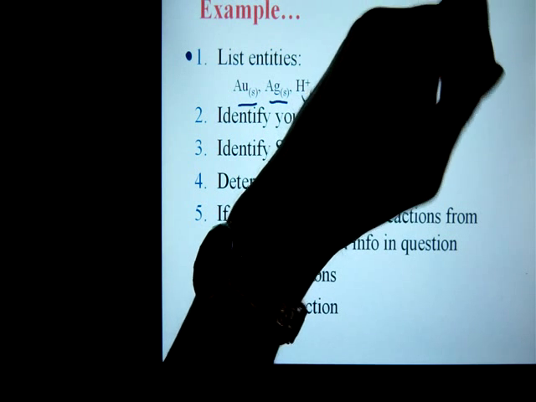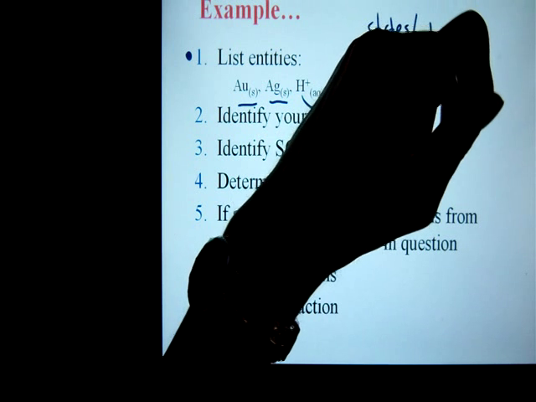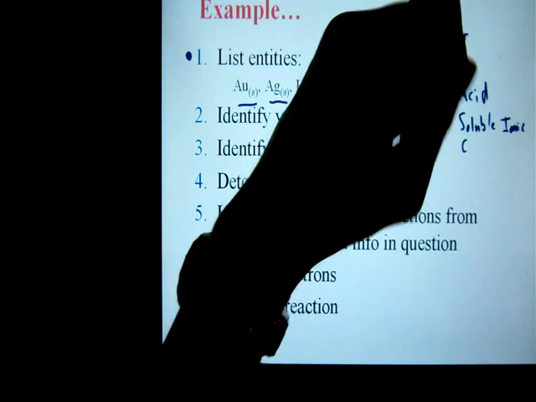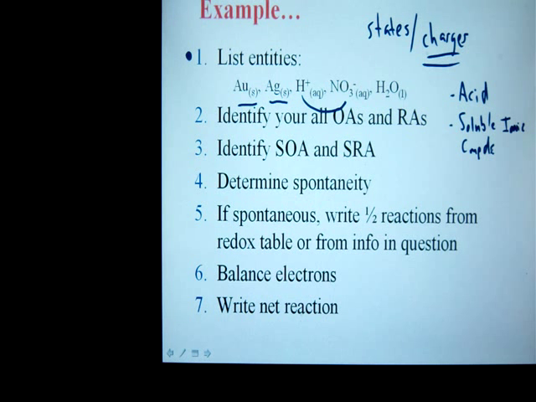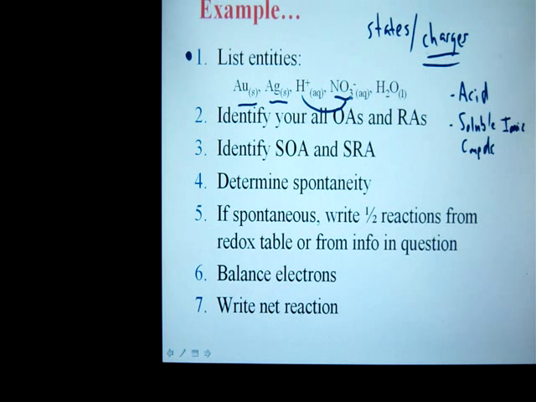Any strong acid, which they will be in this unit all the time, or soluble ionic compounds, will break up. Your strong bases would fall into that category of soluble ionic compounds. Everything else, pure elements, molecular compounds, polyatomic ions like NO3, notice we're not breaking that down any further. All these other substances do not. Only acids and soluble ionic compounds will break up.